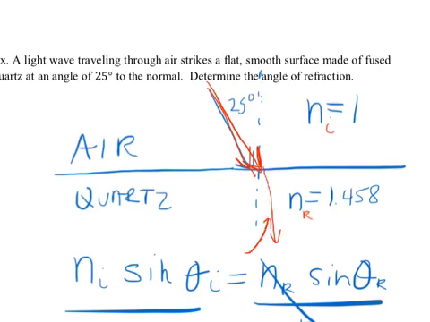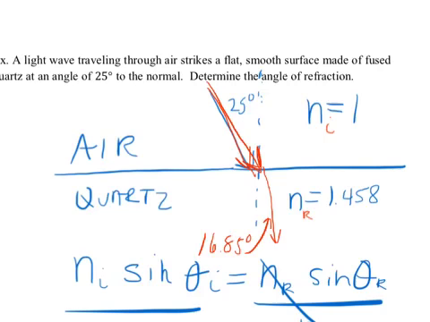This is the angle we're looking at now. This reiterates what I said yesterday. It goes from a high-speed wave in air to a low-speed wave in quartz. Whenever you go from a high-speed to a low-speed wave, it's going to bend toward the normal.